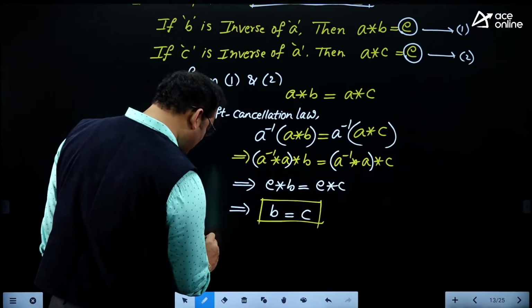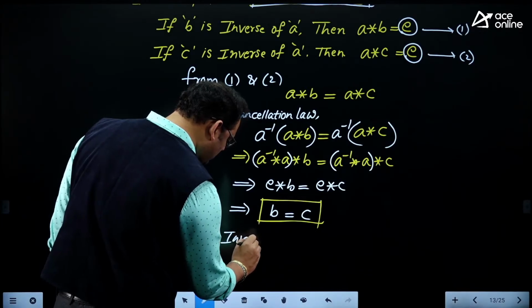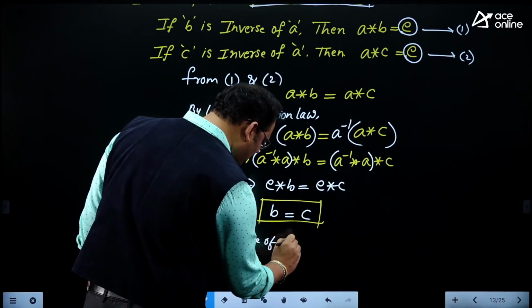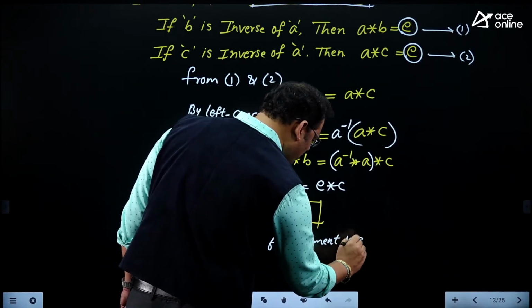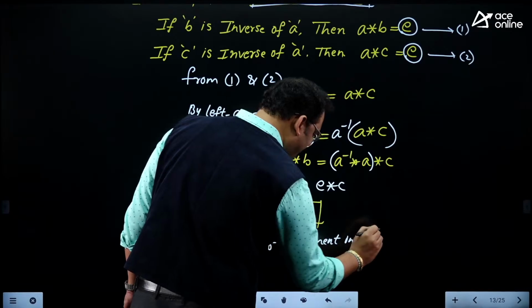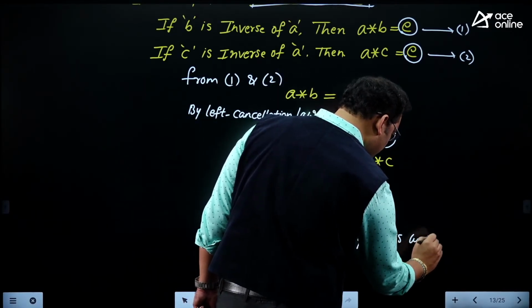Therefore, you can say that the inverse of an element in a group is unique.